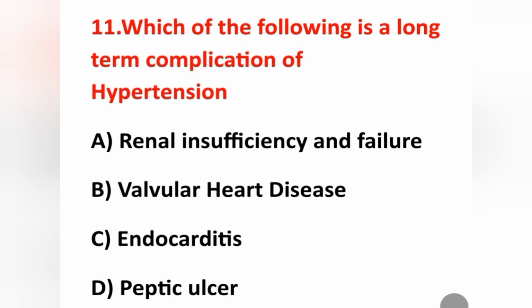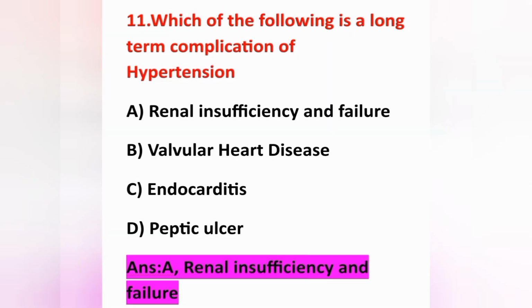11th question, which of the following is a long term complication of hypertension? The options are option A, renal insufficiency and failure, option B, valvular heart disease, option C, endocarditis, and option D, peptic ulcer. Here the correct answer is option A, renal insufficiency and failure.